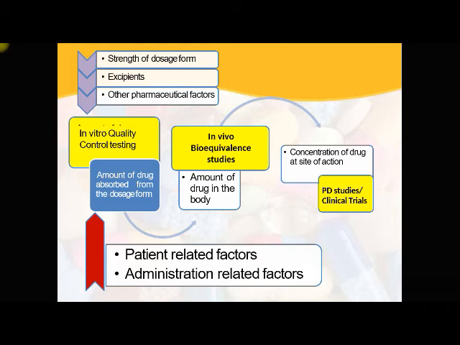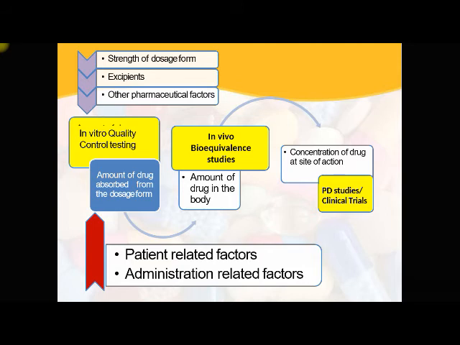Then come the in vivo bioequivalence studies. See the difference between the two. First, we carry out the in vitro quality control testing, by which we get to know how much drug is getting released from the dosage form. Then we carry out the in vivo bioequivalence studies, by means of which we get to know the amount of drug which is in the body.